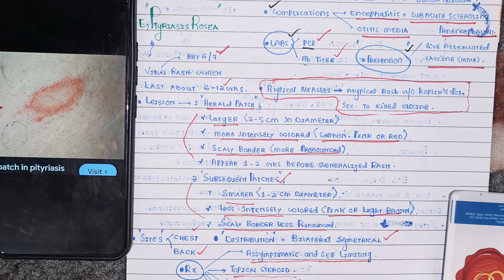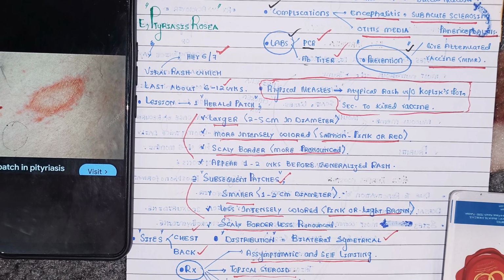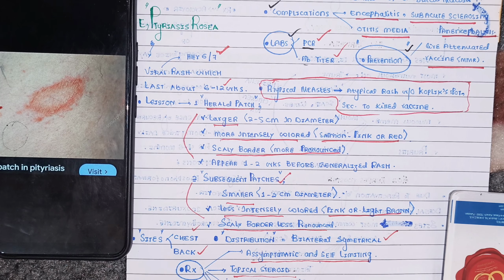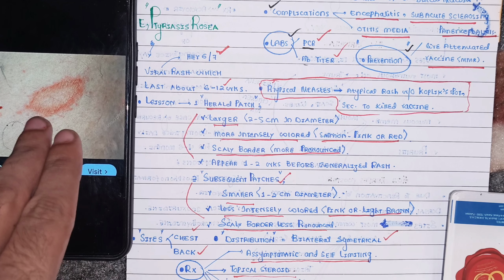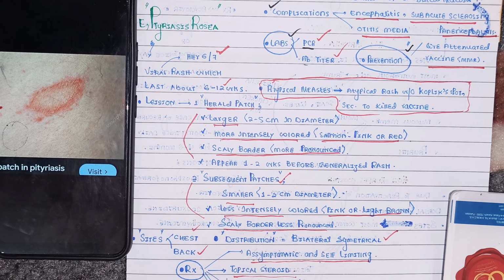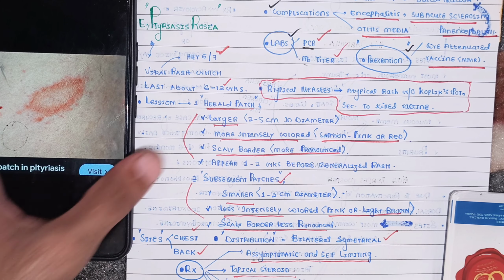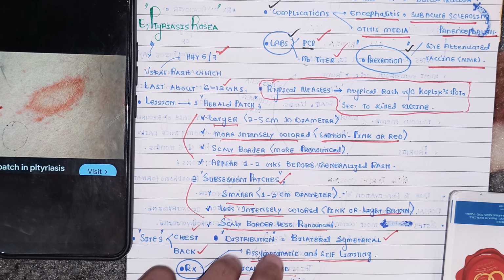So I hope you have decided. It is obviously a herald patch, but the subsequent patches which occur later are going to be a little smaller than this, less intensely colored than this, and will have less scaly borders, unlike this.